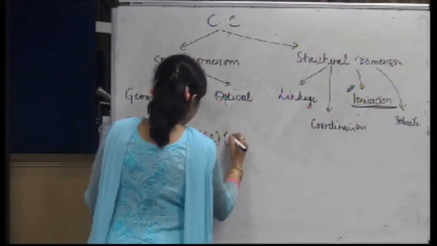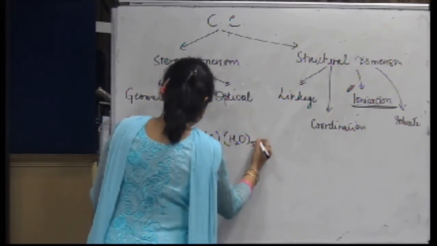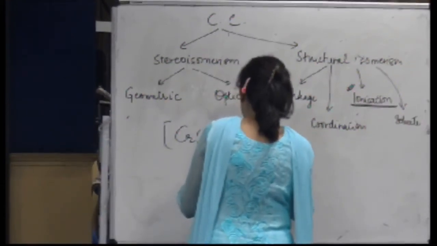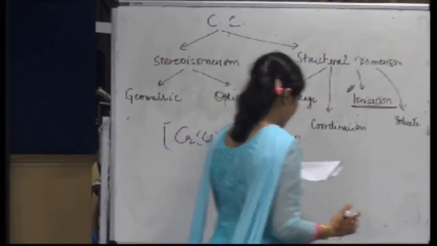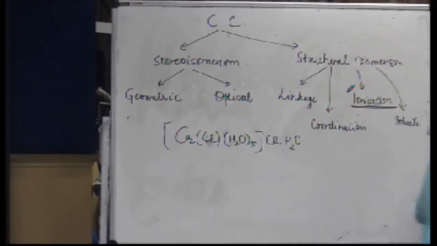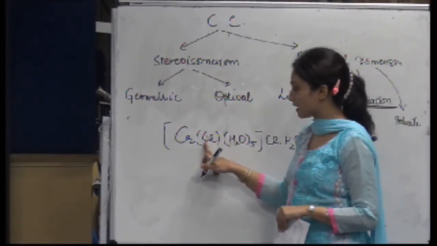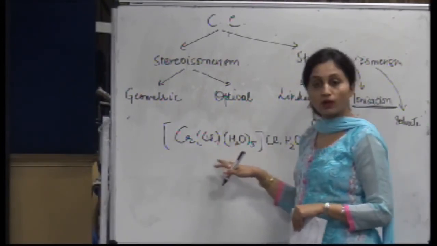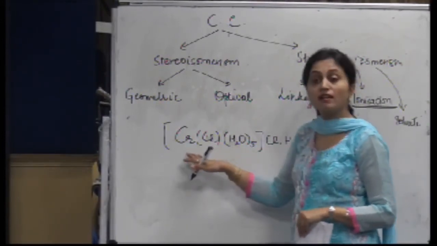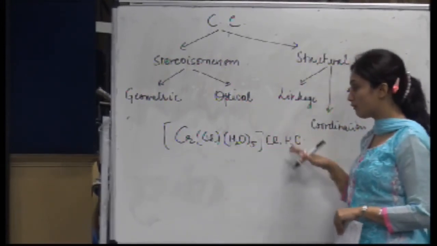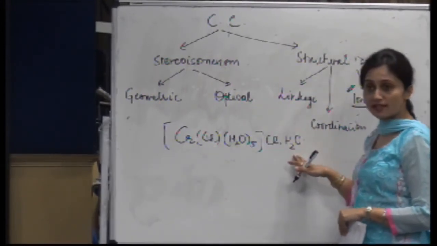So what we have here, for hydrate isomerism, is [Cr(Cl)(H2O)5]Cl·H2O. So what can happen in this case? The coordination number has to remain the same. The coordination number has to remain 6 for Cr. So what can happen? I can change the number of water of crystallization outside.